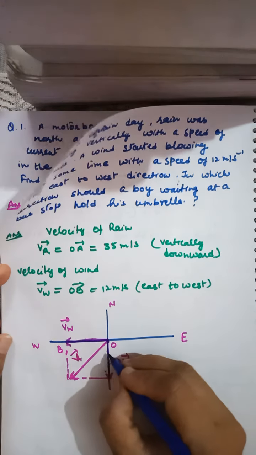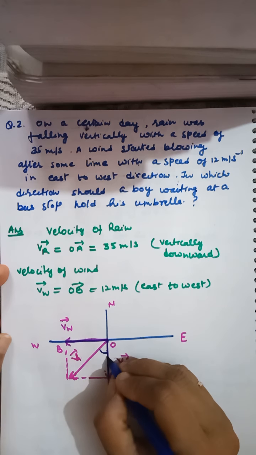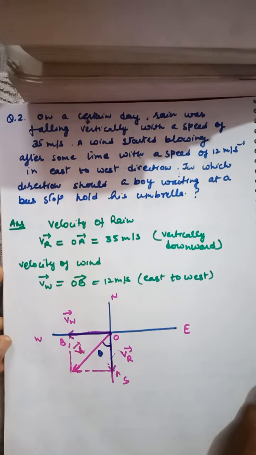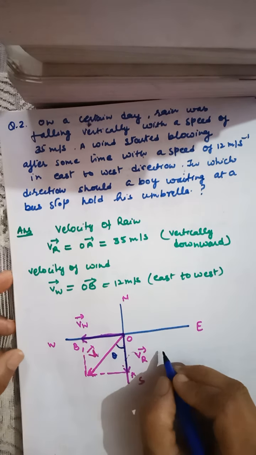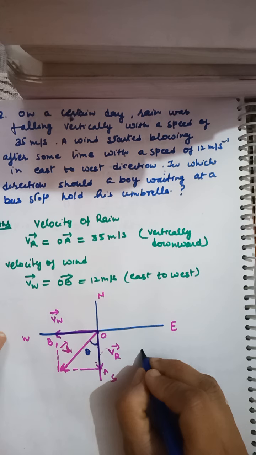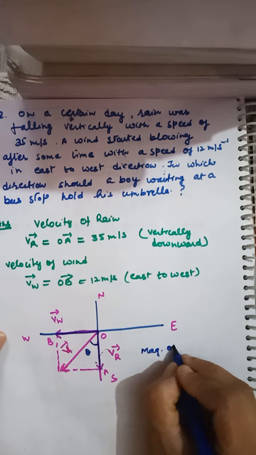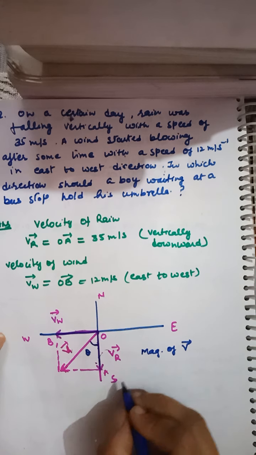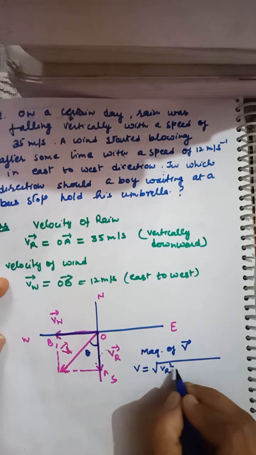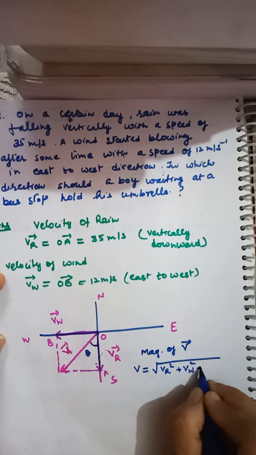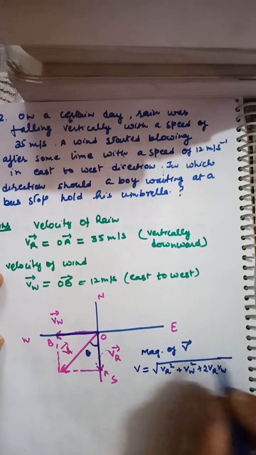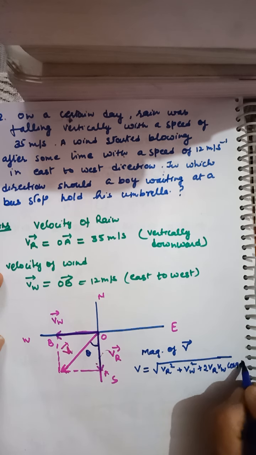So in this condition you have to find out the resultant velocity and the direction of the resultant velocity with any one velocity. So if I am considering the resultant velocity makes angle theta with the direction of VR. Now to calculate the magnitude, how will you calculate? See, magnitude of V vector, that is V is equal to under root of VR square plus VW square plus 2 VR VW cos of the angle between VR and VW. What is the angle between VR and VW? 90 degree, cos 90 degree.